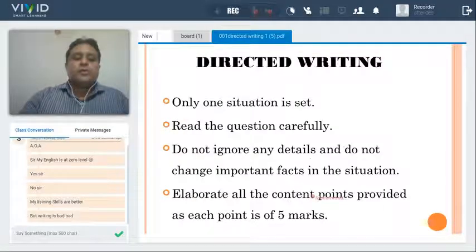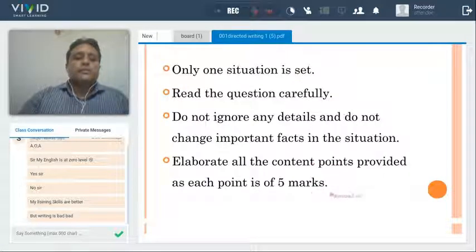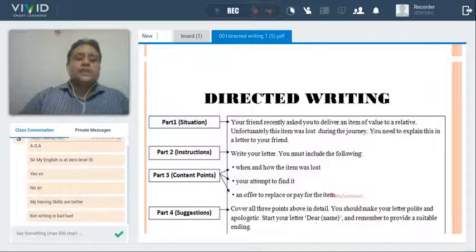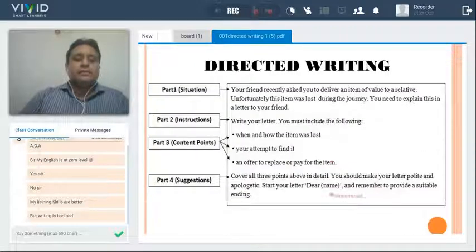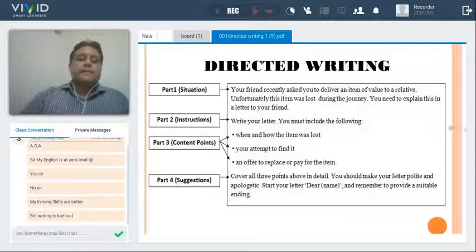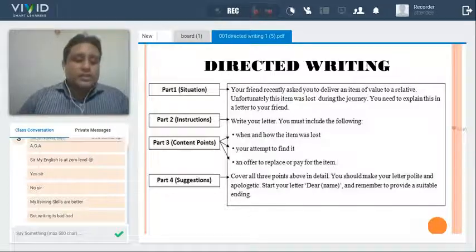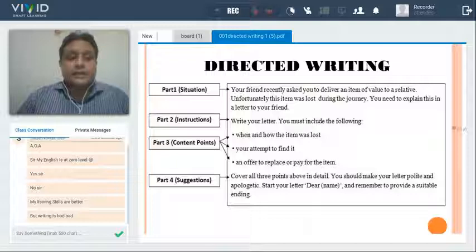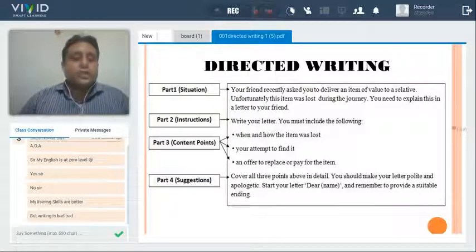So let's move on. There are some very important points to remember so far as the question that is set in the paper. Directed writing question format is an important thing for you to understand, because if you are not able to understand the question well, you won't be able to answer it in a proper manner.